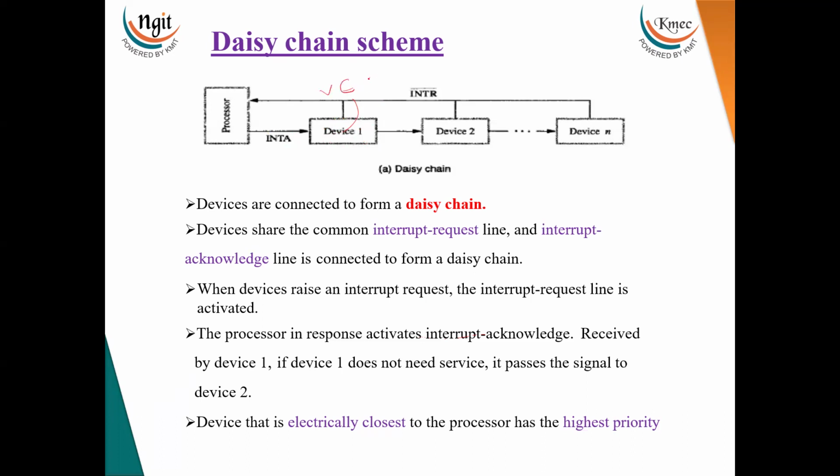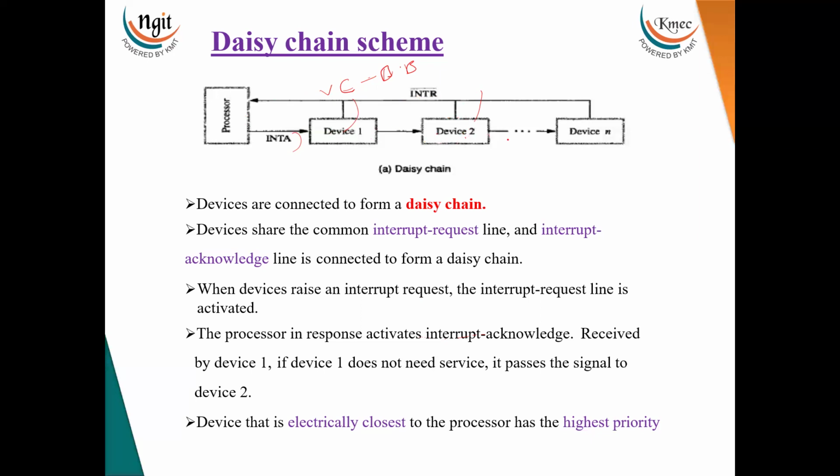If device one has not generated an interrupt, then this INTA is passed to device 2. If device 2 has generated one, it blocks the INTA interrupt acknowledgement and places the vector code onto the data bus. After receiving the vector code, the processor will execute the ISR.